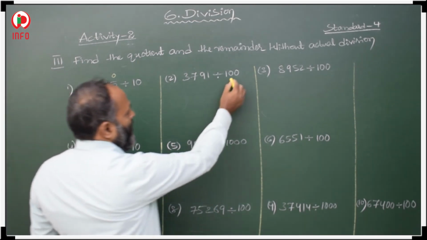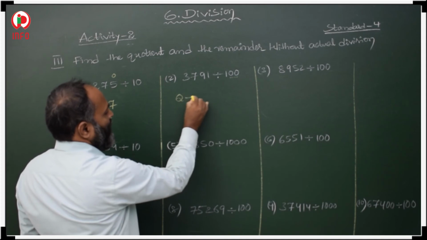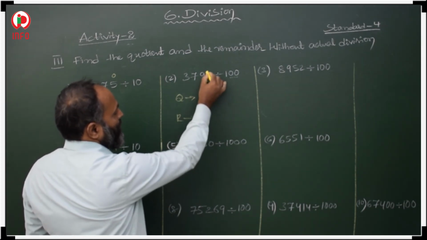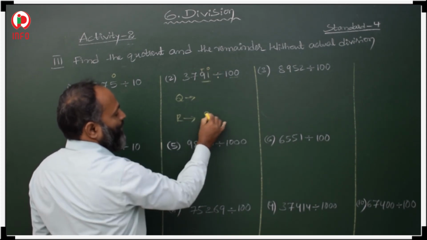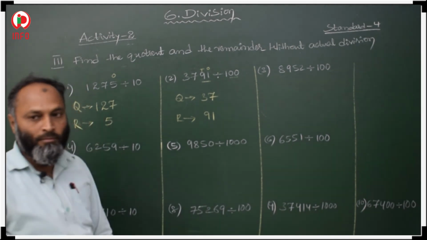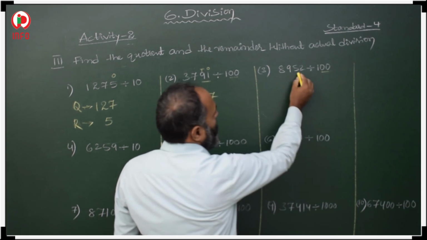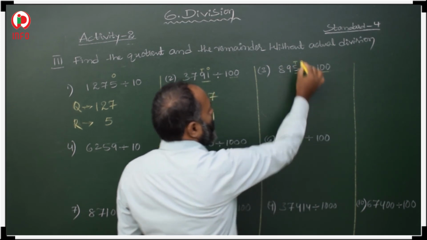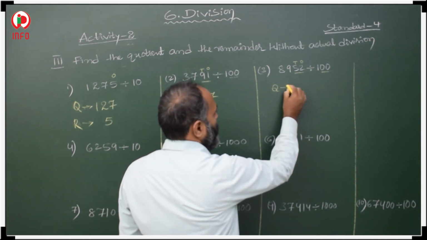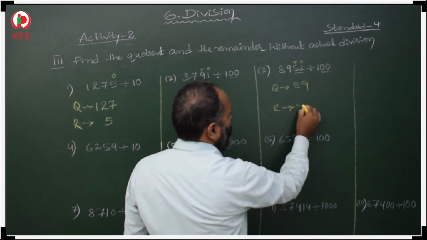Here we are dividing with 100, then what is the quotient and what is the remainder? Last two places, ones and tens places, are remainder and the rest of the places are quotient. Here also we are dividing with 100, last two places remainder and the rest of the places our quotient. 89 is quotient and remainder 52.